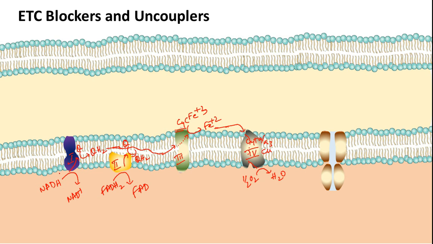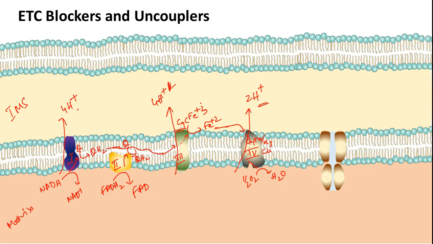In this process, complexes 1, 3 and 4 have proton pumping capability. From the matrix side to the intermembrane space, complex 1 pumps 4 protons, complex 3 again 4 protons, and complex 4 pumps 2 protons.